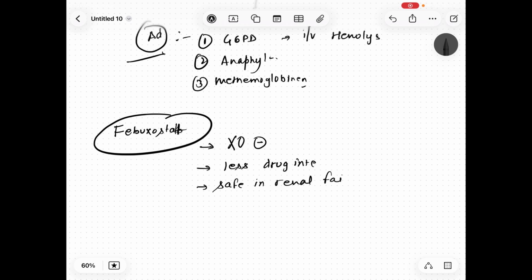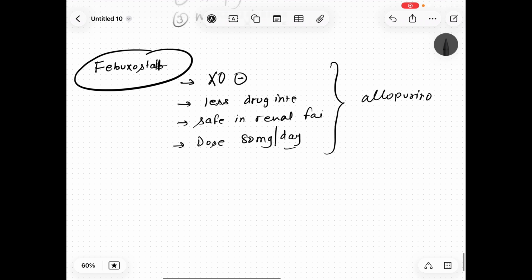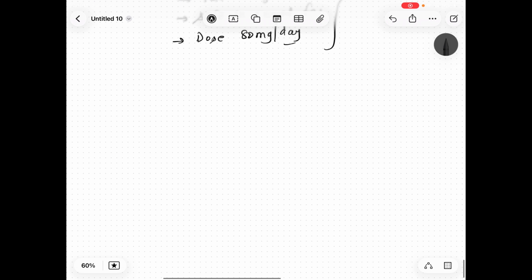Dose is 80 mg per day. Indication is similar to allopurinol. Now shortly coming to the management part.